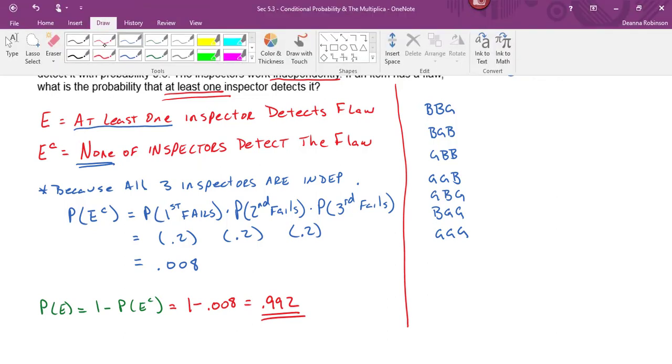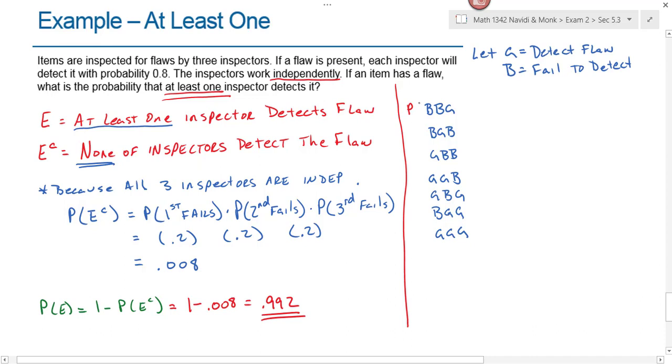So what I would want to do here is find the probability of this plus the probability of this plus the probability of this plus the probability of this, and you get the idea, so forth and so on, right? Now, the probability of making a bad call we said was 0.2. So that would be 0.2 times 0.2 times 0.8, because that guy made a good call.